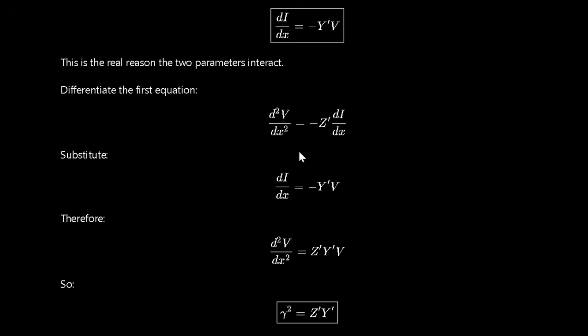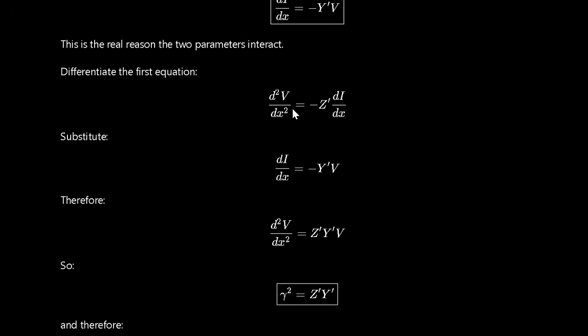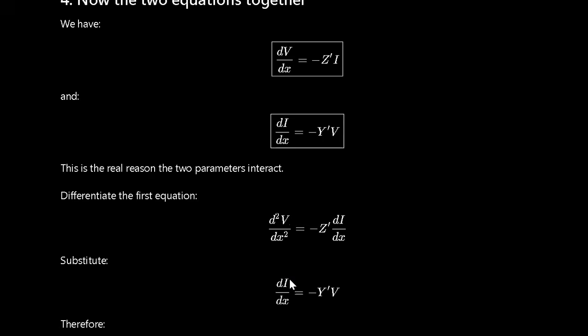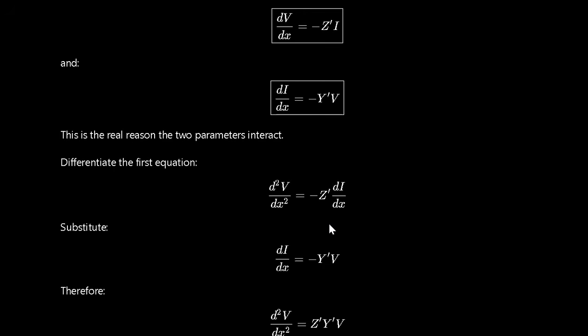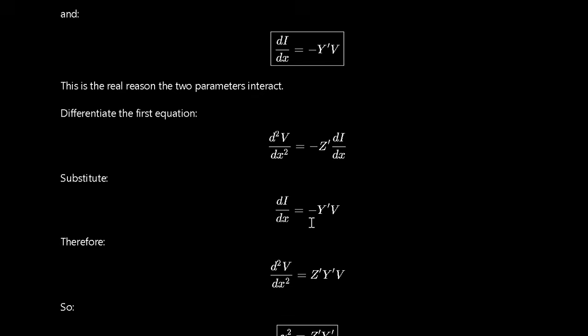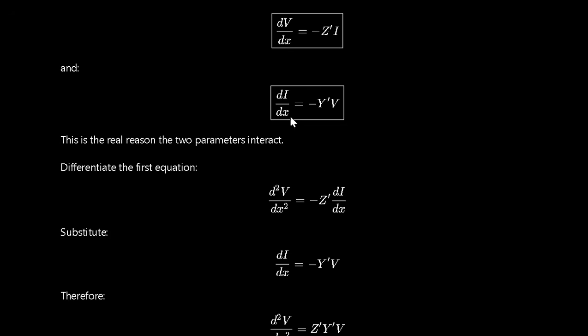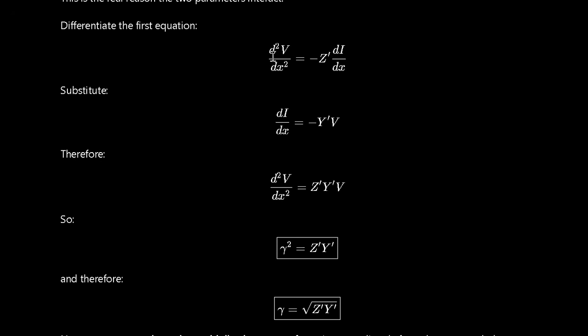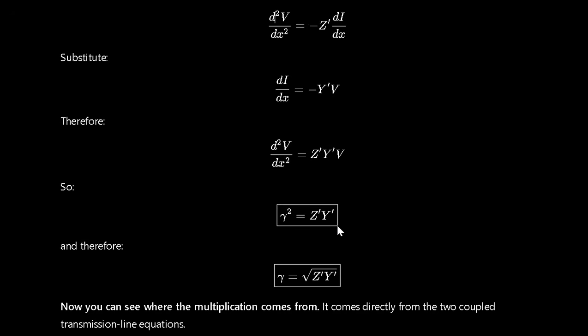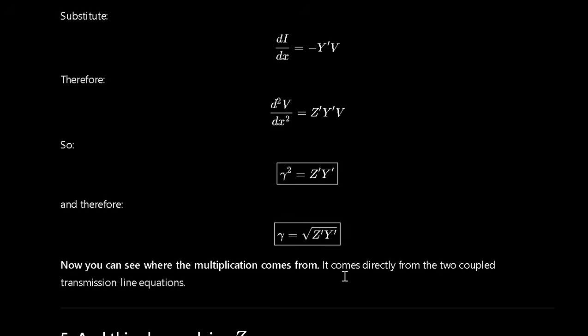Then if we differentiate both sides of this equation, we get d²V/dx² equals minus Z' dI/dx. Substituting dI/dx equals minus Y' V into this equation, we get d²V/dx² equals Z' Y' V. So gamma squared equals Z' Y', and therefore gamma equals root over Z' Y'.